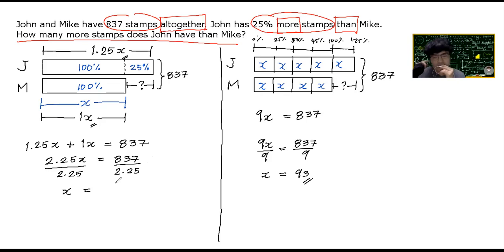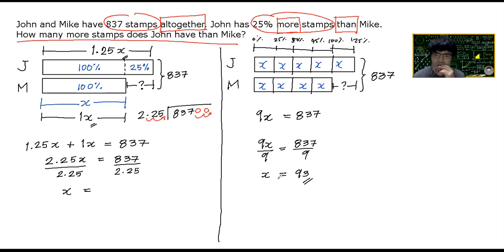Now, what will happen here if you divide by a decimal, 837 divided by 2.25? The rule here, if you want to use paper and pen, is you just have to move these decimals twice and also this thing.